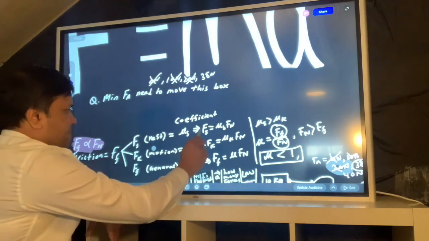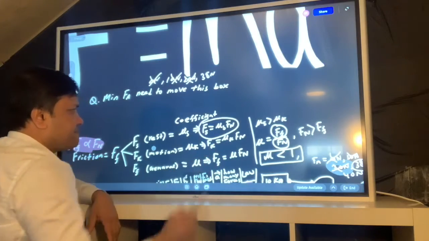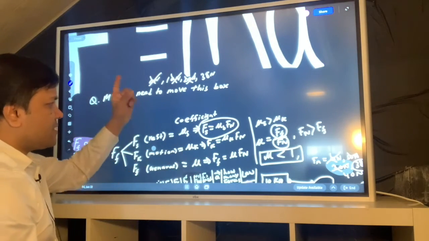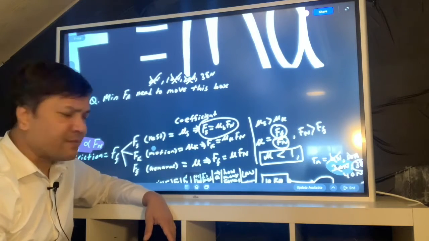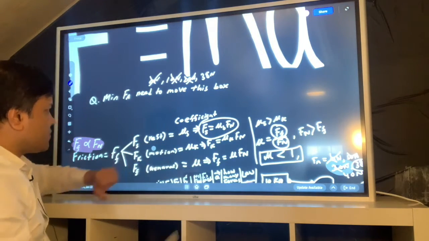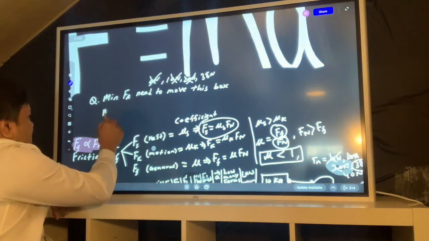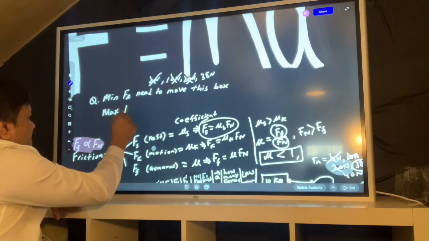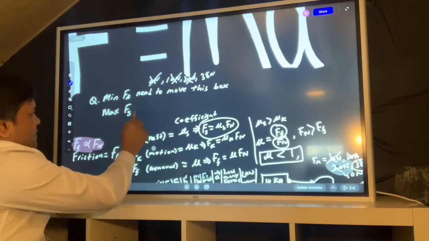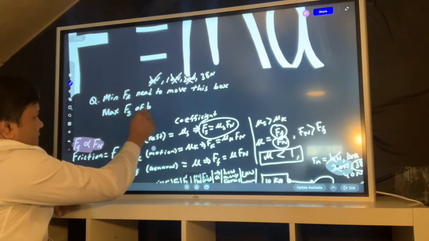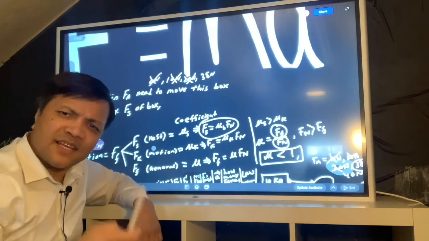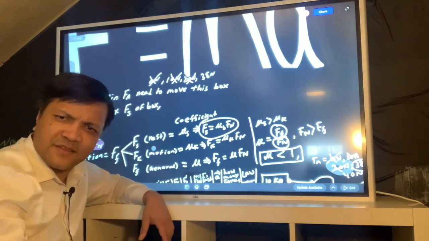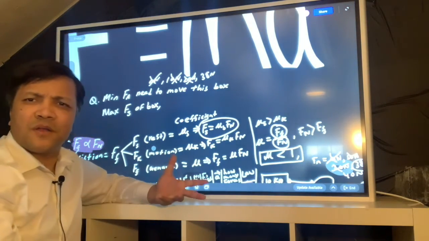So what does he do? He uses this equation. This will give him the minimum force needed to move this box. Or another way, this will give him the maximum static friction of the box. If he applies a little bit more than the maximum static friction, then the box will be moving.